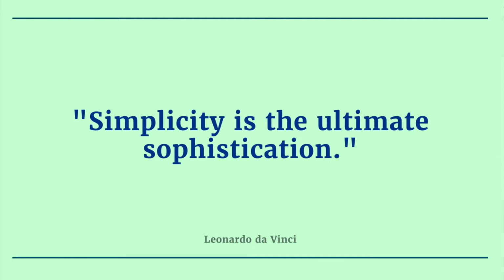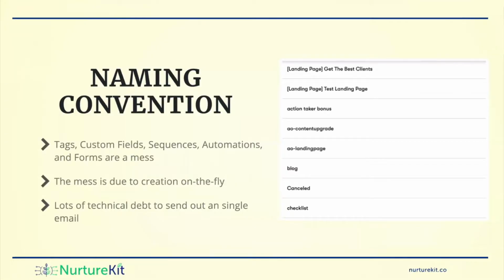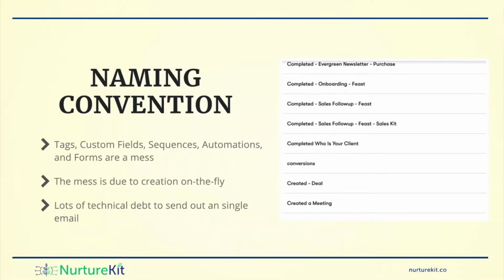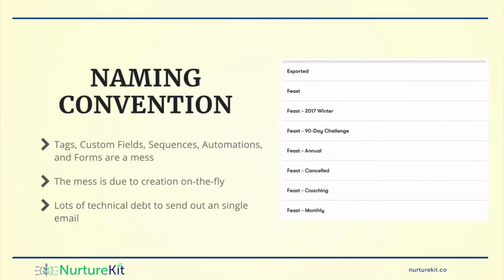I got automations, I got rules, I got flows, I got sequences, I got campaigns, I got broadcasts, I've got custom fields, I got tags, I got all of these things, right? But they all boil down to just data points and pushing people along the path that you want them to go. With a naming convention, you can go ahead and simplify all of those things, right?